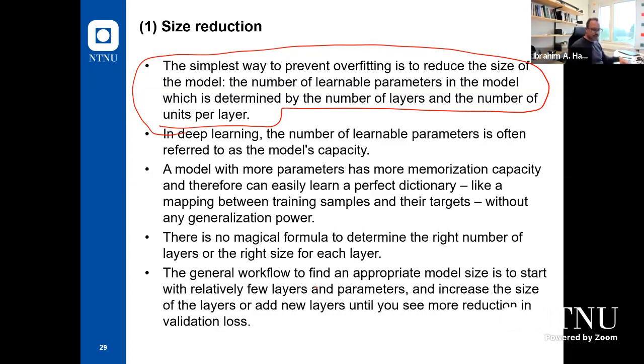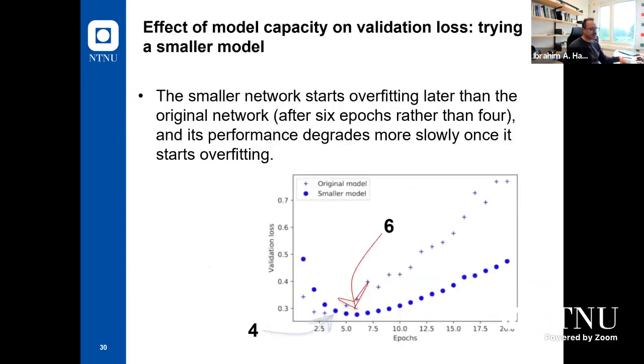So the general workflow to find the appropriate model size is to start with relatively few layers and parameters, and increase the size of the layers or add new layers until you see diminishing returns in validation loss. So start with a simple one, and after that, increase the number of hidden layers and the number of units in each hidden layer until you have good performance.